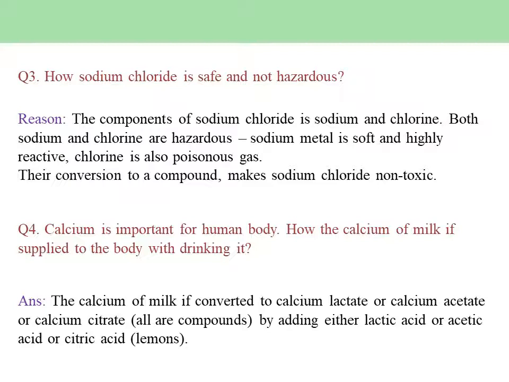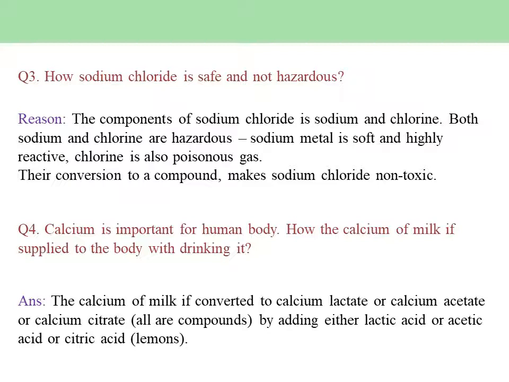That means you can make the calcium leave the milk, leave the liquid or the solution part, as a solid. Calcium lactate is basically a solid substance. Calcium acetate is also a solid substance, and calcium citrate is also a solid substance.